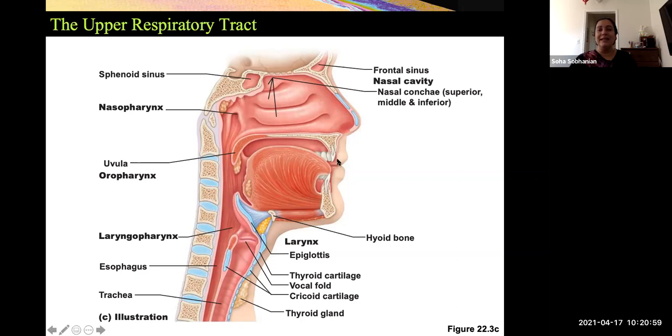So when you eat, imagine food is coming through your oral cavity, the little uvula is going to move this way and block the passageway to the nasopharynx. So food can only go down and cannot go up to your nasopharynx.